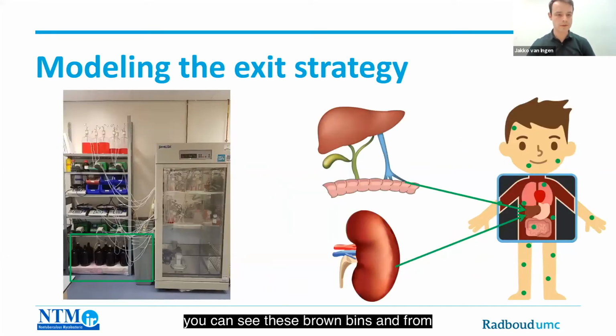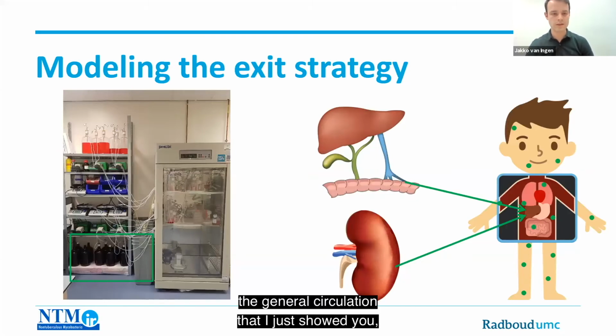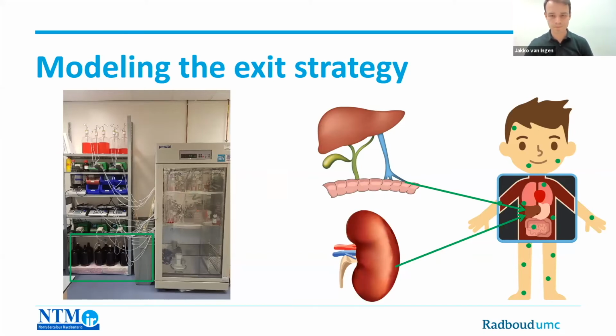On the bottom left, you can see these brown bins. From the general circulation that I just showed you, we can pump out the antibiotics just like the human body would do eventually.